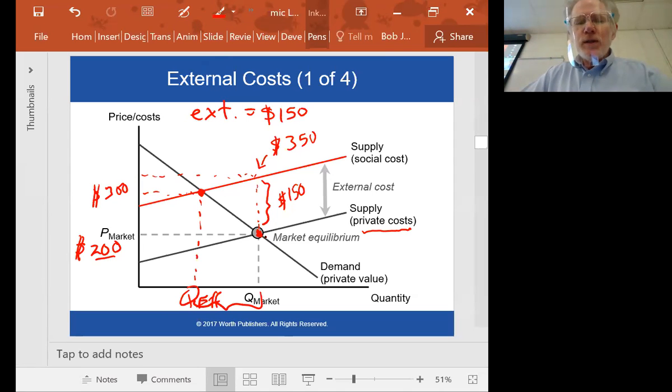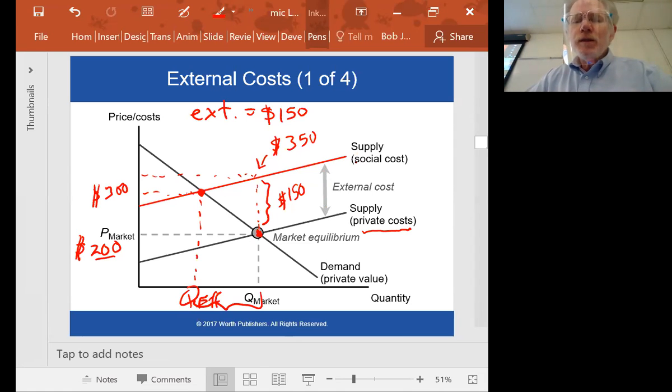And so we said that if we still have the supply curve, which shows the private cost, but then we have the external cost that we're adding in, it's the same effect as back in chapter 6 when we imposed a tax. It would shift the curve up.